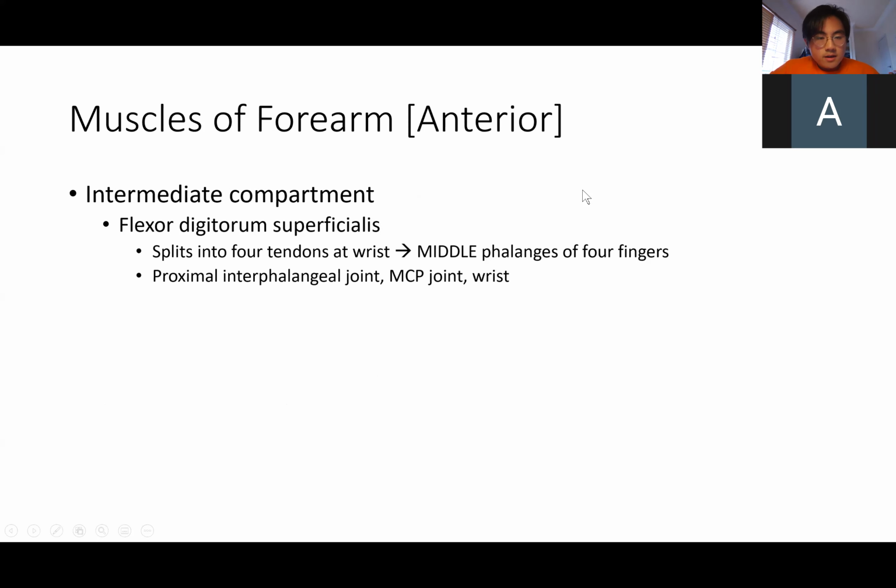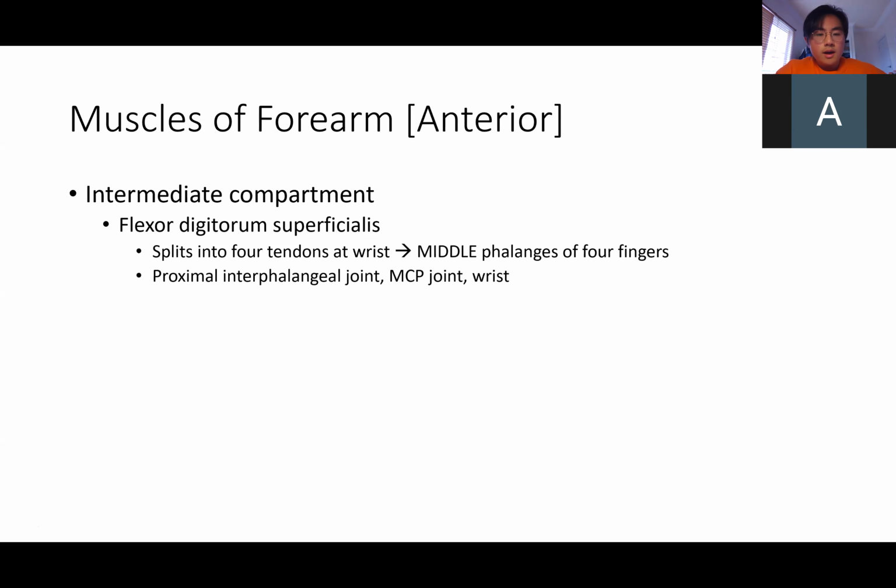Now, the intermediate compartment, there's only one muscle, the flexor digitorum superficialis. So if there's a superficialis, there will be a profundus, a deep version, and it flexes your digits. Now, what's important to remember here is that it's responsible for flexion of the digits, apart from the distal interphalangeal joint.